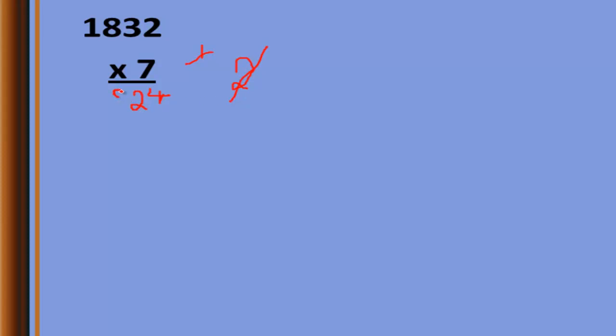Therefore, we write here 8 and we put here 5. 7 times 1 is 7, plus 5 is 12. We count 3 numbers from the right, 1, 2, 3, and we put a comma here. Then it is 12,824.